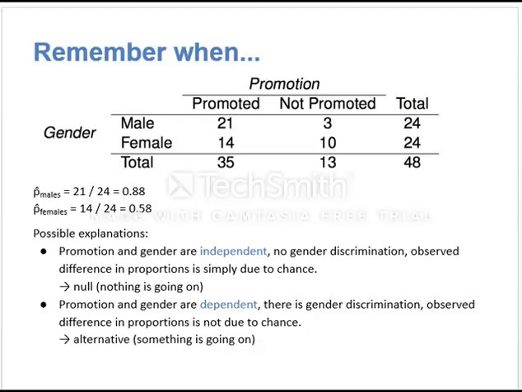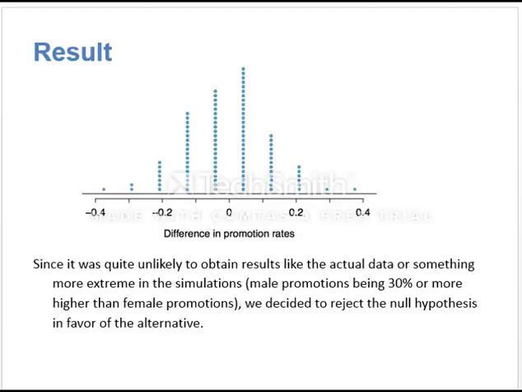And also note that we're going to assume there is no gender discrimination until the data suggests otherwise. So this gets us at this idea of formulating hypotheses for testing. So we could construct a sampling distribution for that proportion or the difference of the proportions. Remember, our difference of the proportion was 0.3.